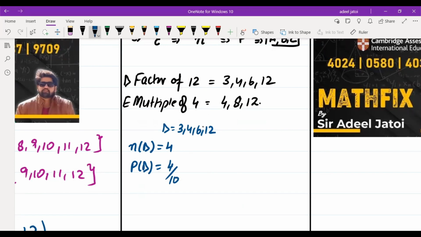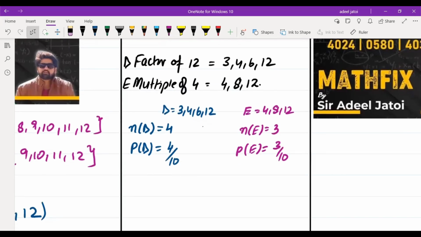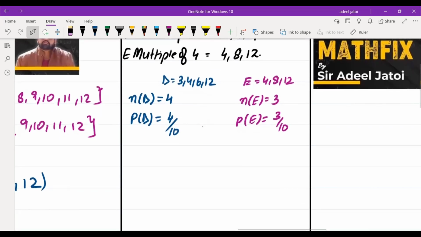That means PD will be 4 upon 10. With the same concept, for E, which is 4, 8, and 12, NE will be 3 and PE will be 3 upon 10.